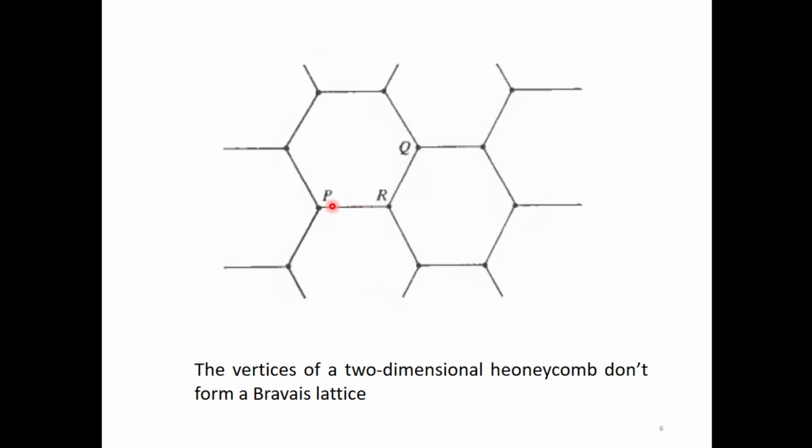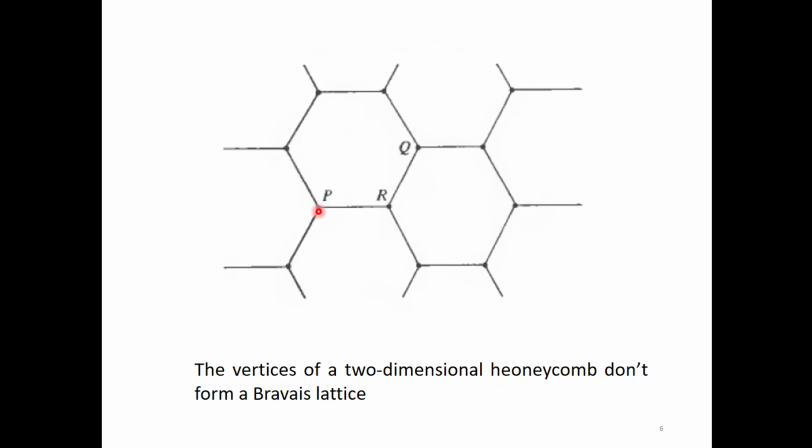Like when we consider these 2 points, this is point P, this is point R, then around this point P we can notice 3 number of nearest neighboring points, and around this R point again 3 number of nearest neighboring points could be found. So the first condition is satisfied, number of nearest neighbors.